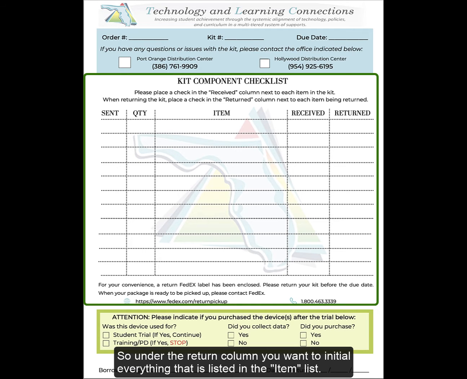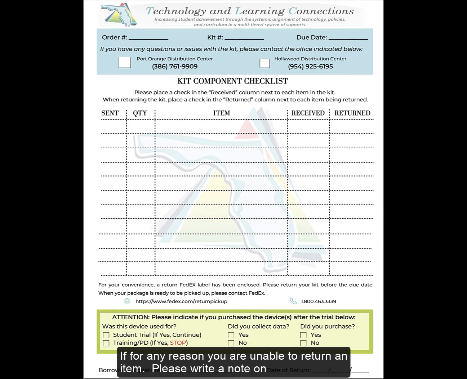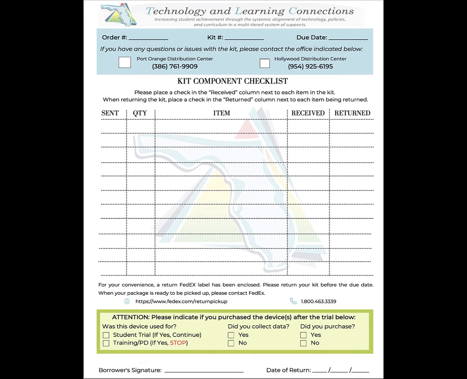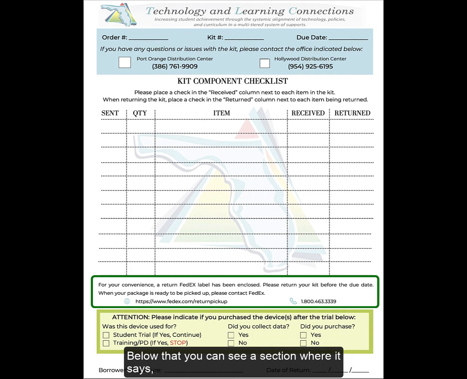So under the return column, you want to initial everything that is listed in the item list to ensure that everything that was received is now being returned. If for any reason you are unable to return an item, please write a note on the kit component checklist indicating that you are still trying to locate the item. Below that, you can see a section where it says, "For your convenience, a return FedEx label has been enclosed.